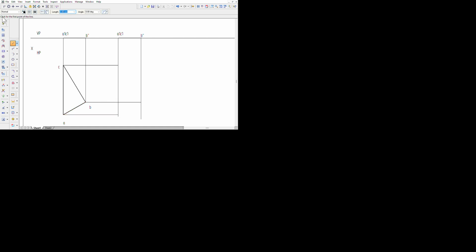Now let's take a visible line and let's name this. Let's take the trim option and trim the unwanted edges.